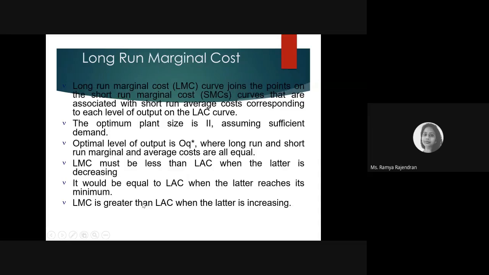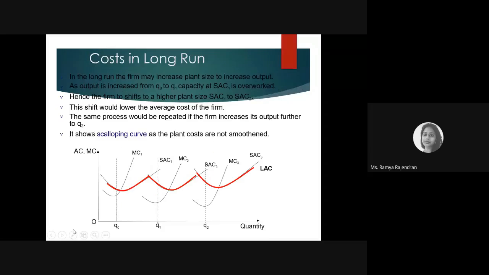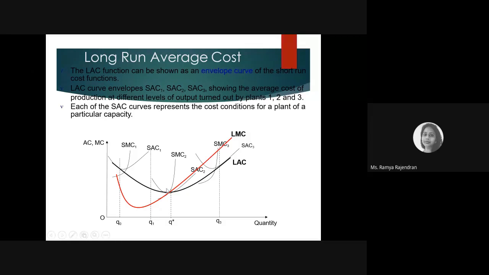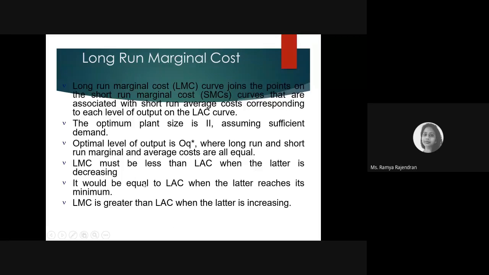Let's see more about the marginal cost curve. This is called LMC. This LMC is created by joining parts of the short run marginal curves. Remember, we had the short run marginal curves here, 1, 2, 3. So this is still there.